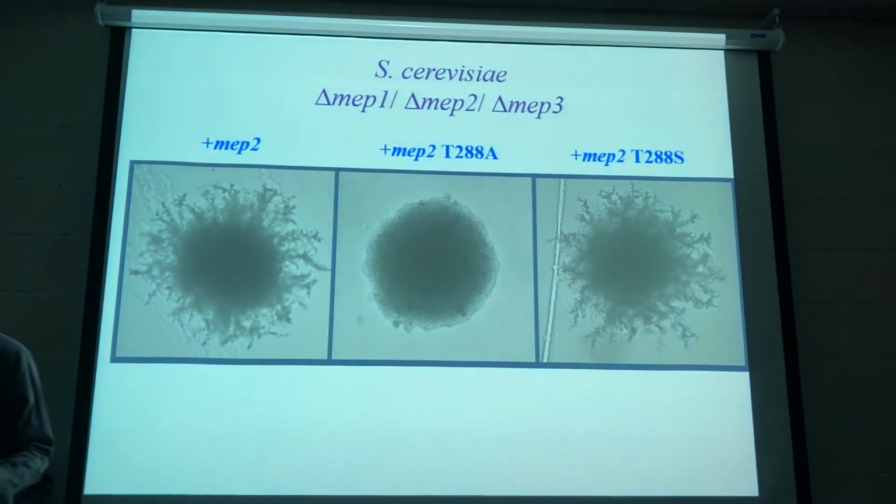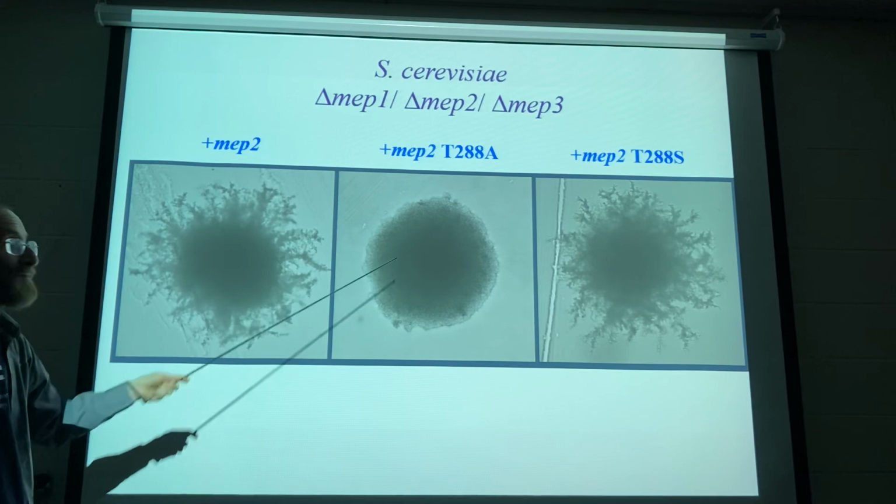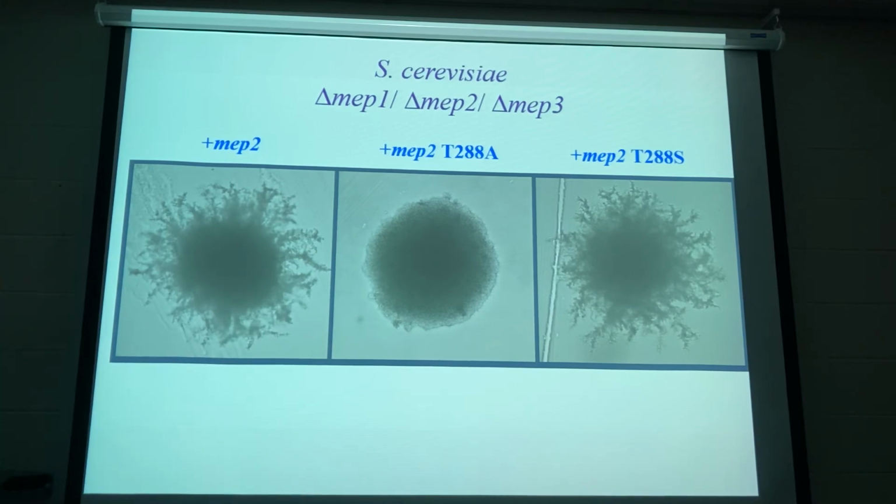Now, some of you might be skeptical, which you should be as scientists. And you might say, well, what might you say as an alternative to saying that T specifically is important? Just the A is important? Well, making that change to an A eliminates that function, but what could you argue?